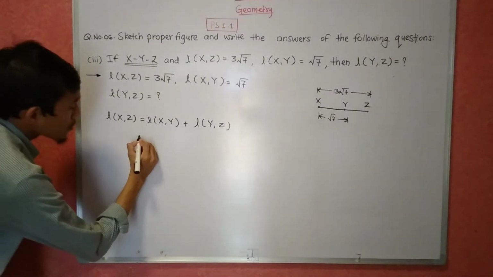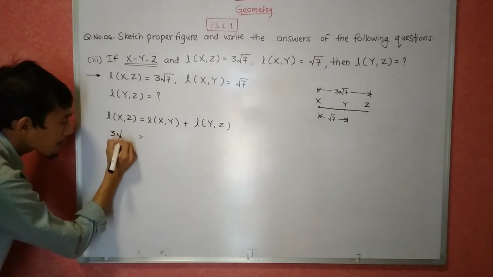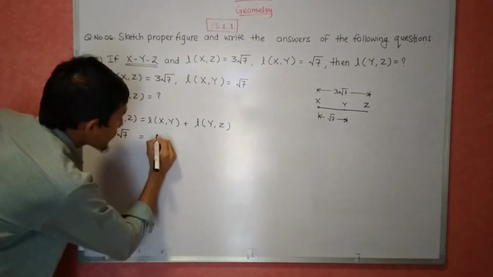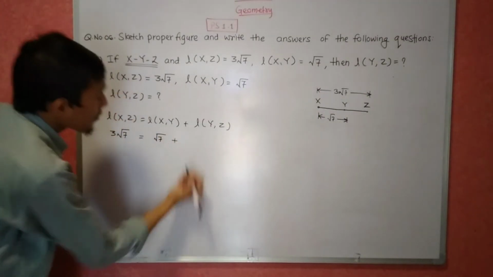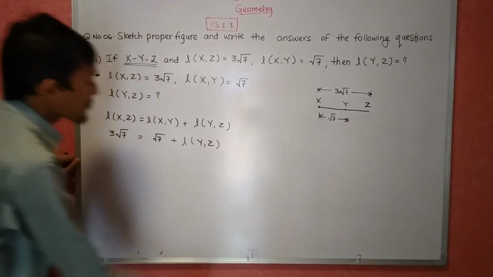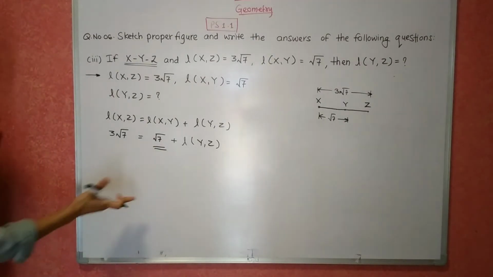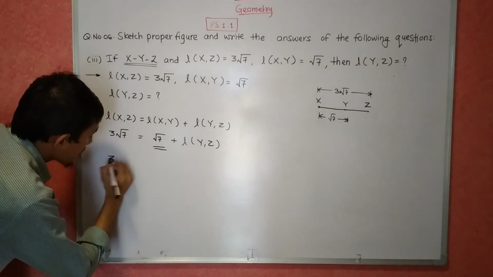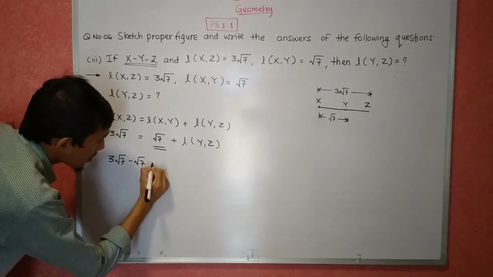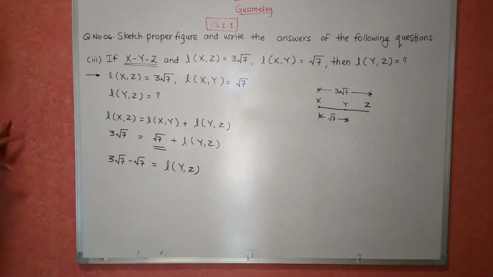Okay, so xz is given, that is 3 root 7, xy root 7 plus we have to find the L of yz. Now this is positive in the right hand side, it will be negative in the left hand side, so 3 root 7 minus root 7, it will be length of yz.